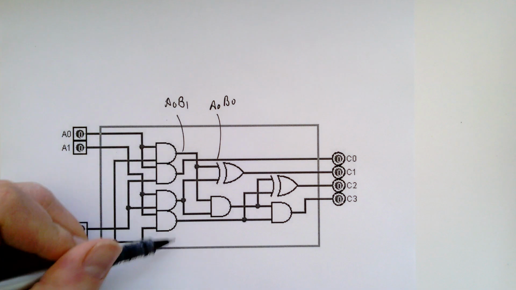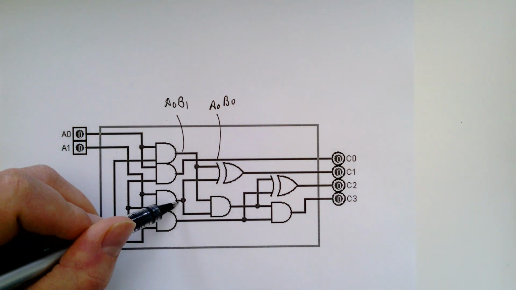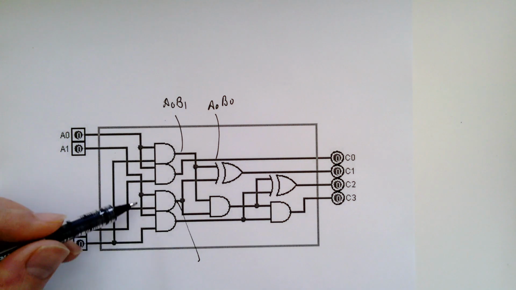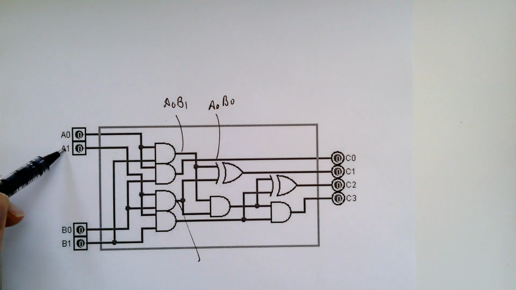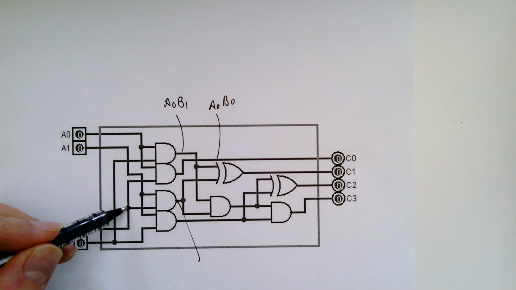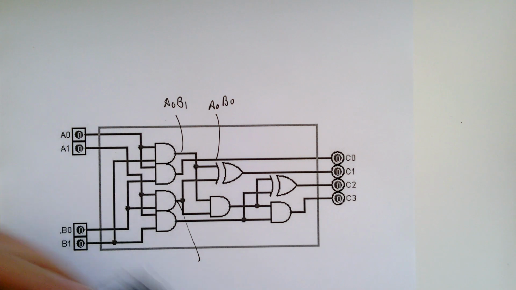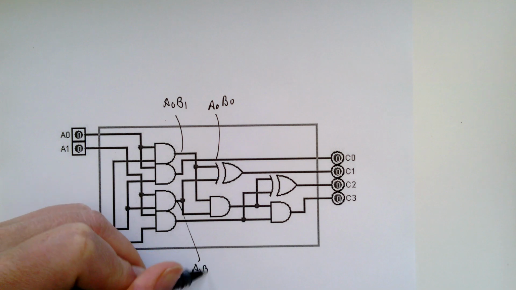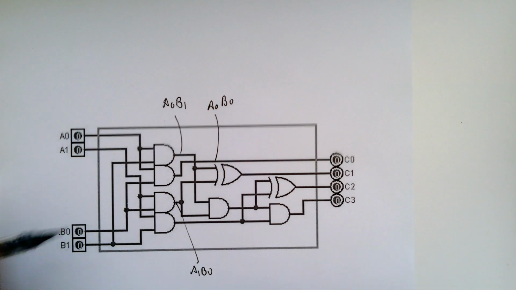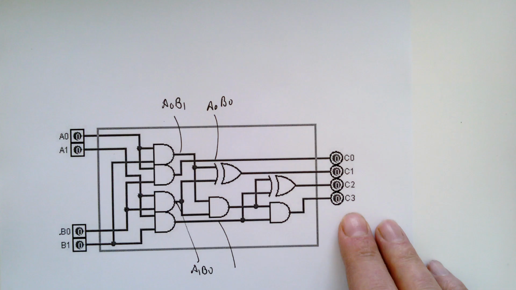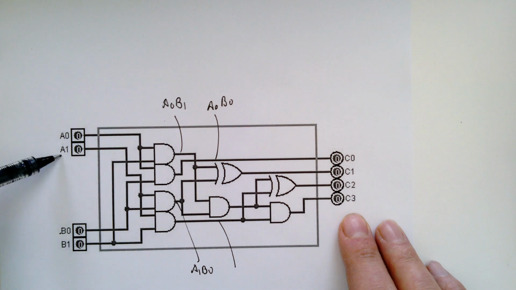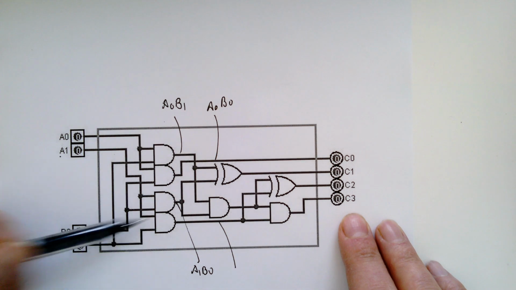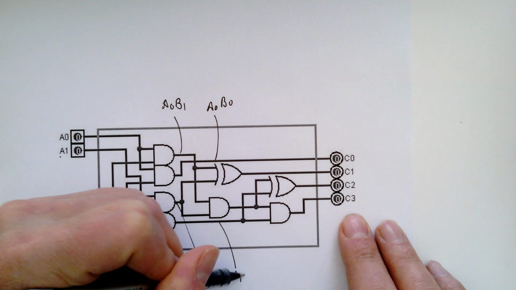And then, what do you suppose you'd get over here? I think that's an A1, and this looks like B0. So A1, B0. And then what do we get over here? Got A1 over here. A1, B1. Looks good.